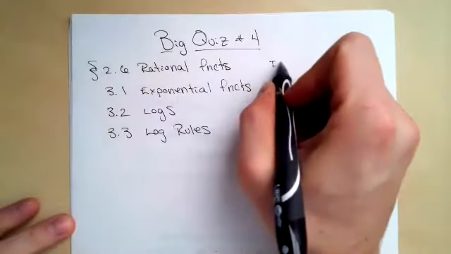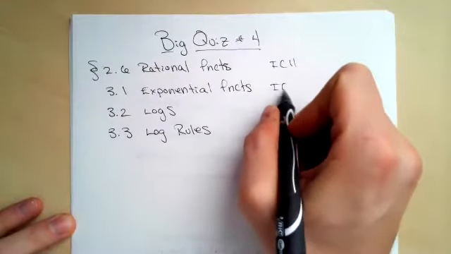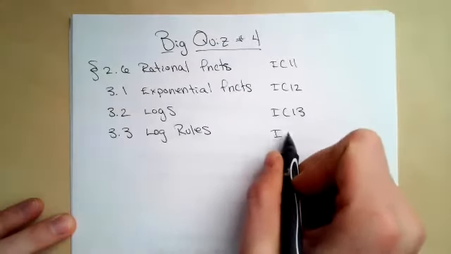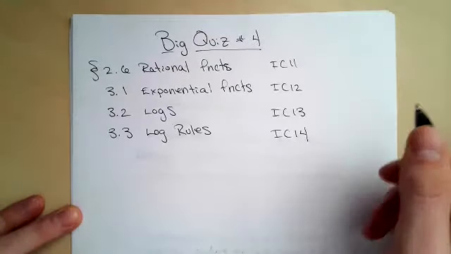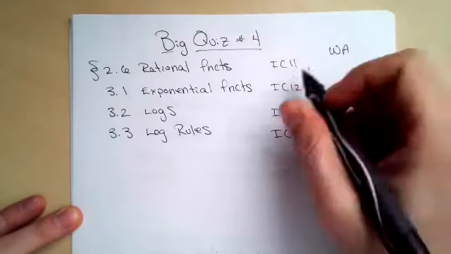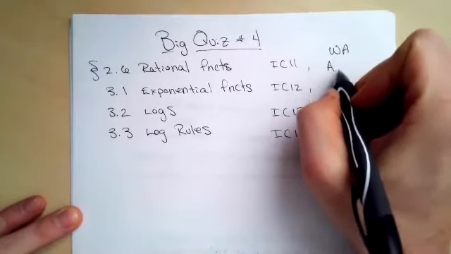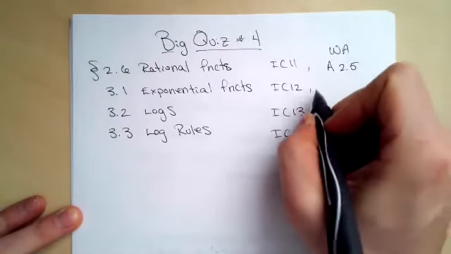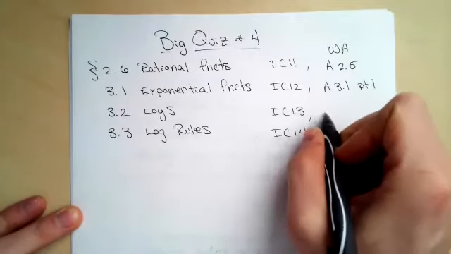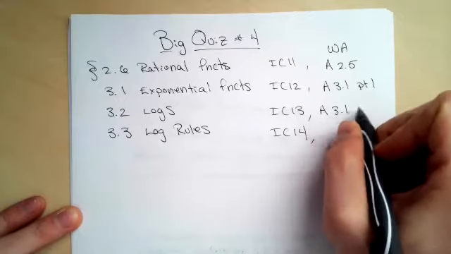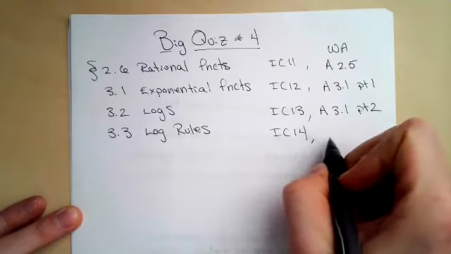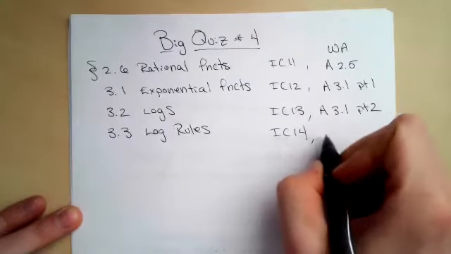Relevant ICs, we've got IC 11, IC 12, IC 13, and IC 14. All good study guides. And then the WebAssigns were A 2.5, A 3.1 part 1, A 3.1 part 2, and then the 3.3 assignment has like 2 of them.